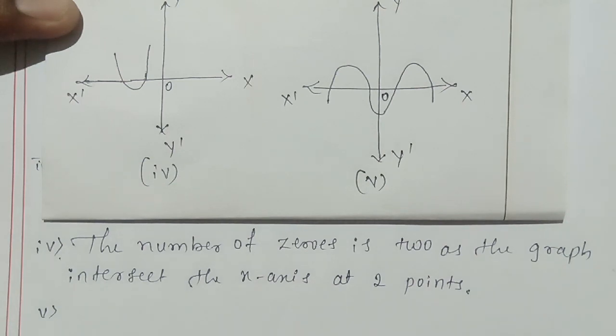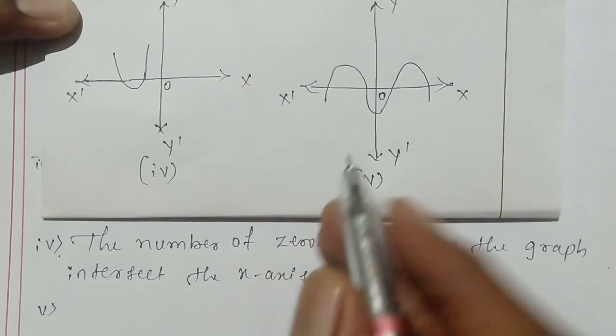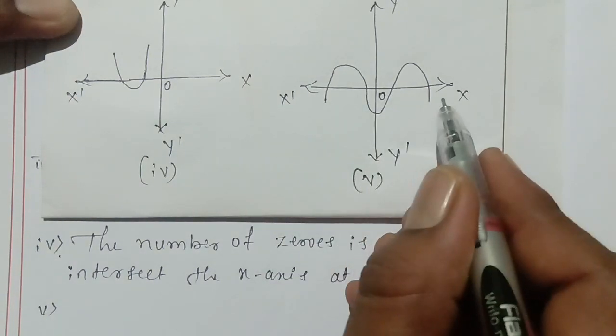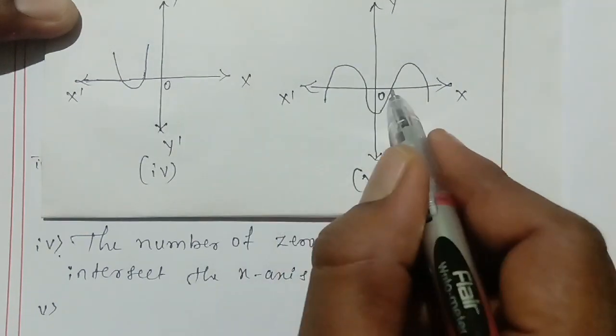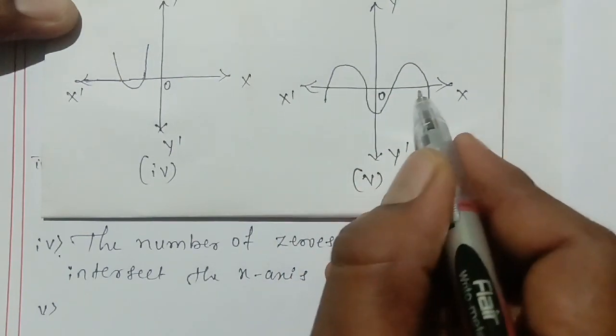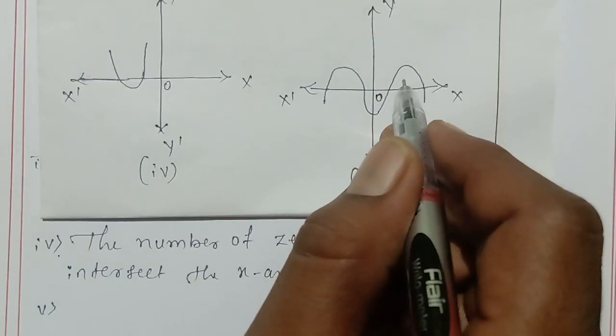Right? Next, the fifth question. In this question, the graph intersects the x-axis at 4 points. This is 1, 2, 3 and 4. So that's why the number of zeros is 4.